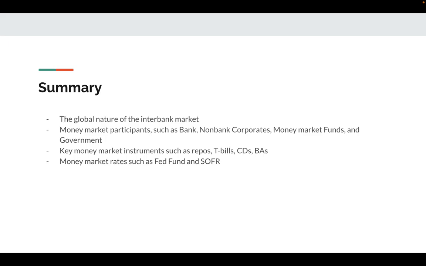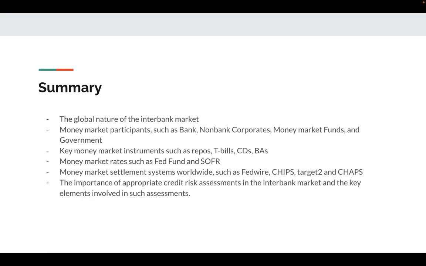We looked into the benchmark rates, LIBOR so far, and how the Fed funds rates are calculated. We also looked into the settlement and payment systems that are used, and the credit risk assessment frameworks that are used nowadays.